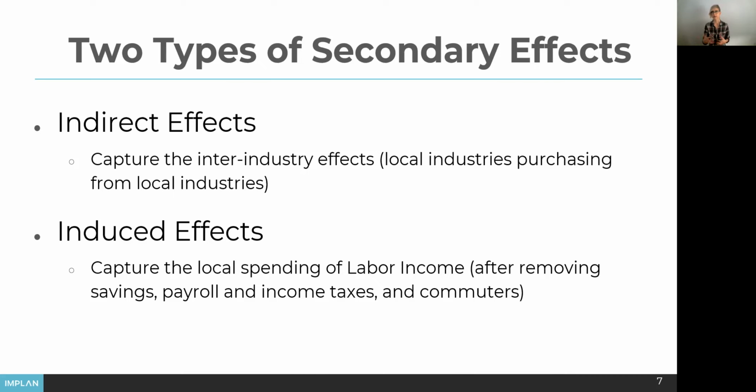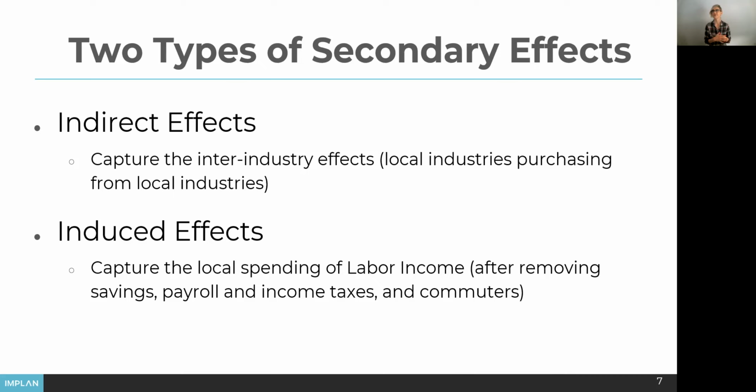IMPLAN has data on whether or not there's a local tire manufacturing plant in that region, and has estimates on, if there are, how much of those tires will be purchased locally or not. It doesn't assume just because there's a local tire manufacturer in the region that all of the tires for this car manufacturing plant come from that tire manufacturer.